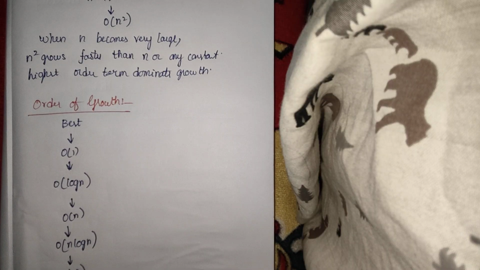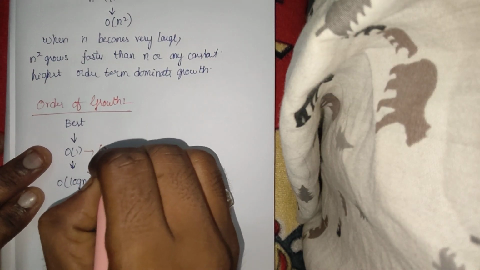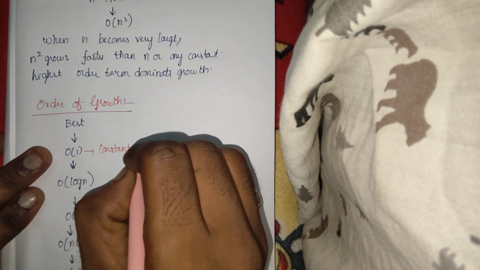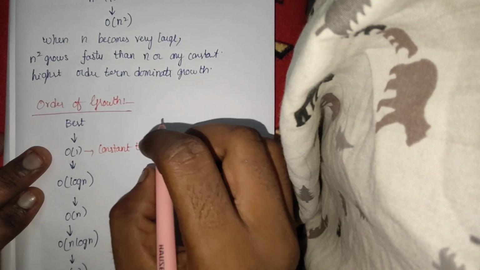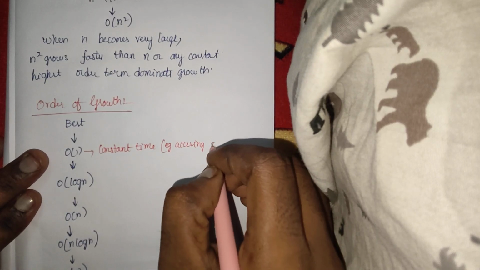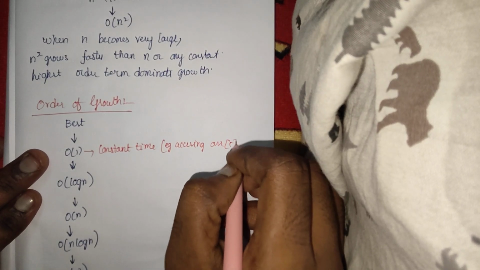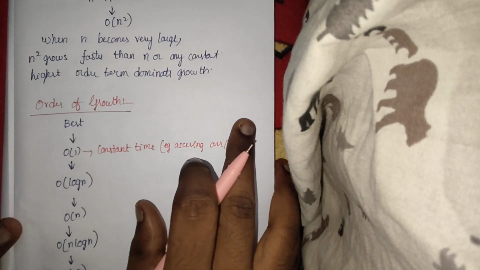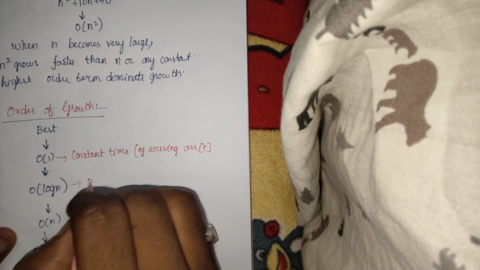is constant time. For example, accessing an array element. O of log n means binary search.